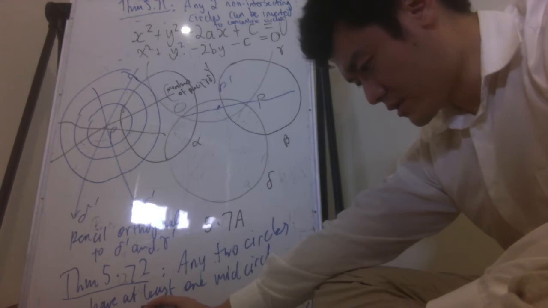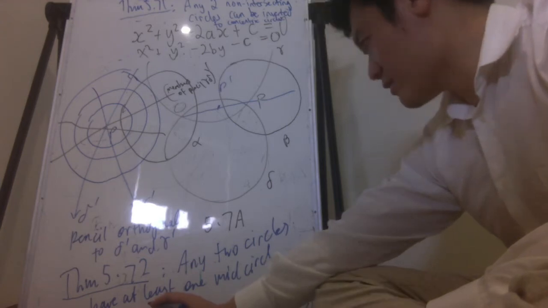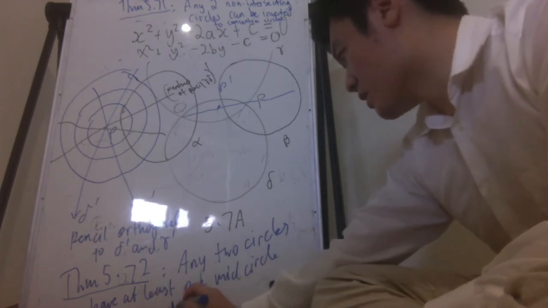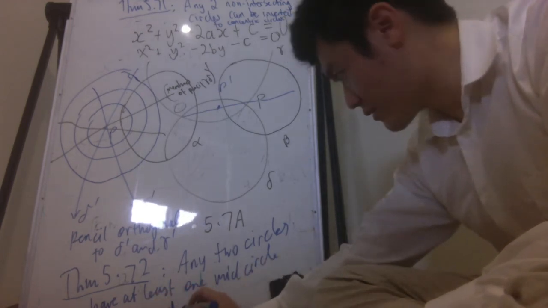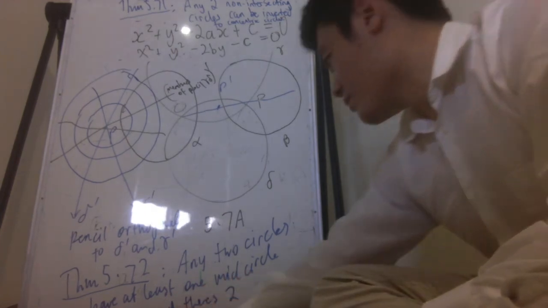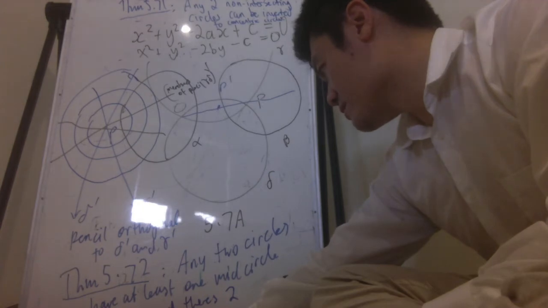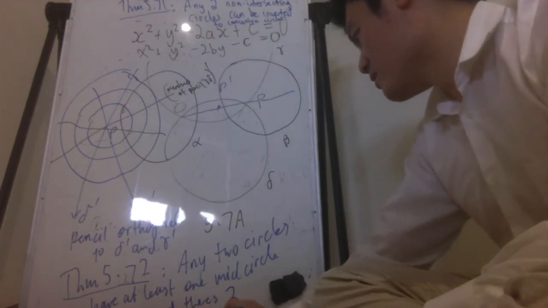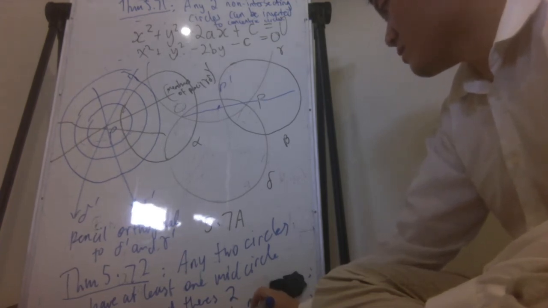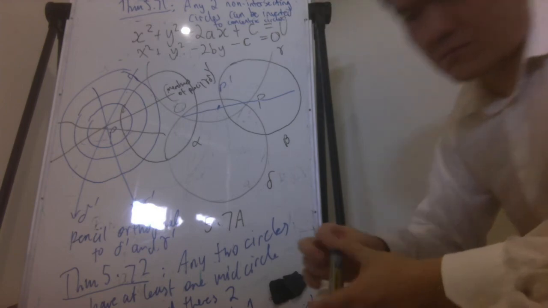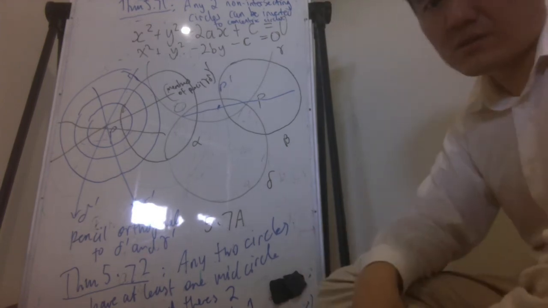If they intersect, there are two, and otherwise, if tangent, there's only one. Okay, we'll store that for later.